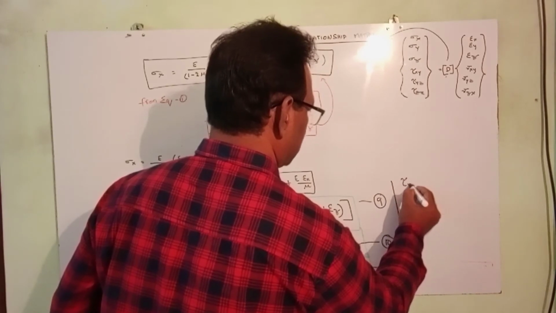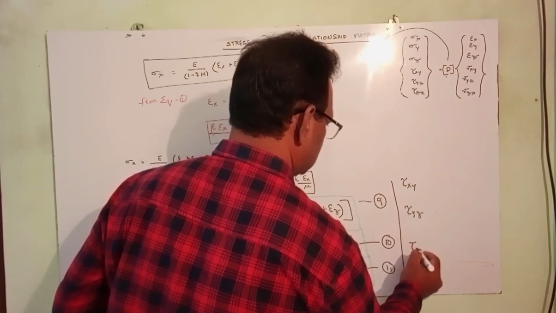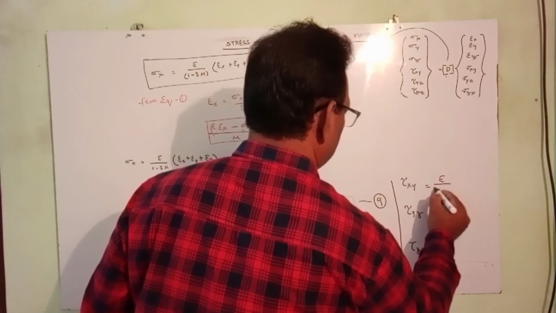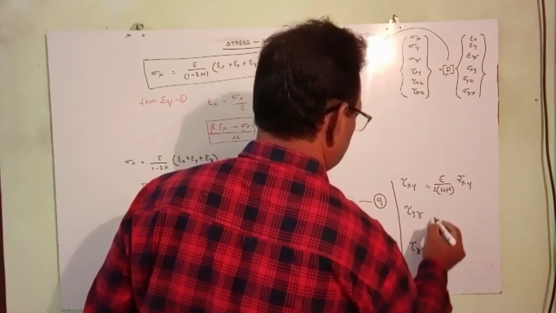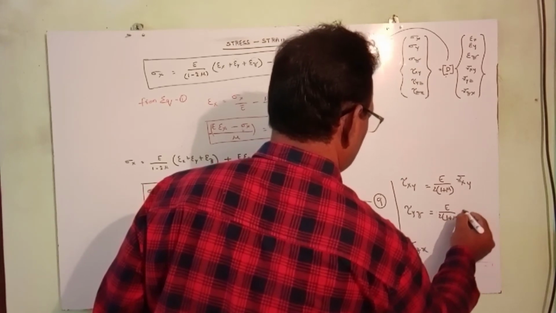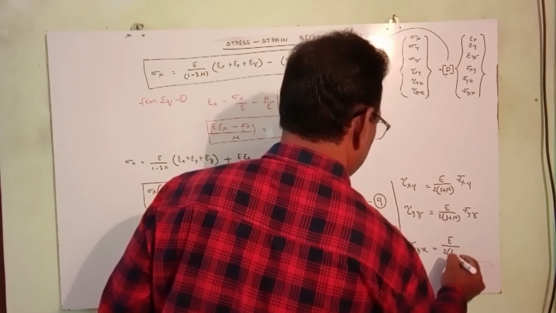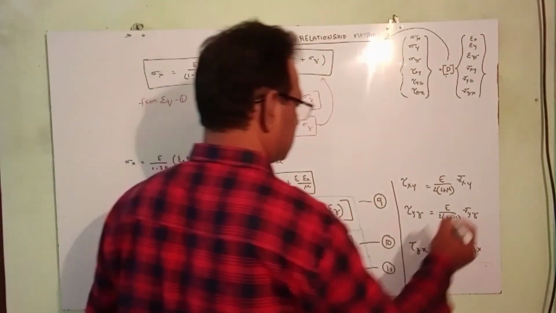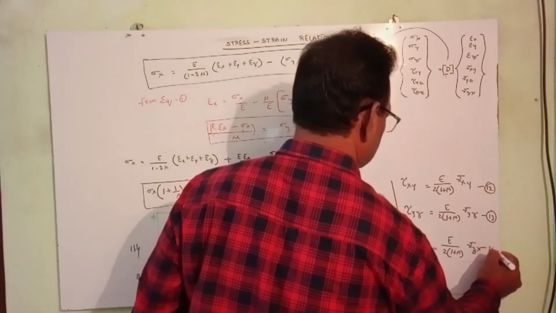So tau xy, tau yz and tau zx equal E by 2 into (1 plus mu) into gamma xy, the shear strain; E by 2 into (1 plus mu) into gamma yz; E by 2 into (1 plus mu) into gamma zx. So these are equations 12, 13 and 14.